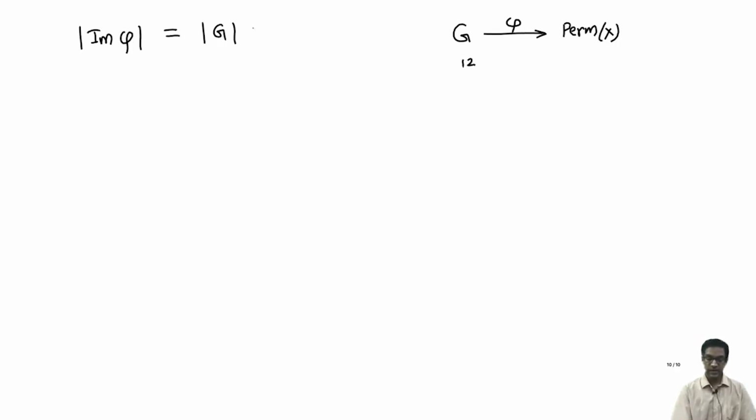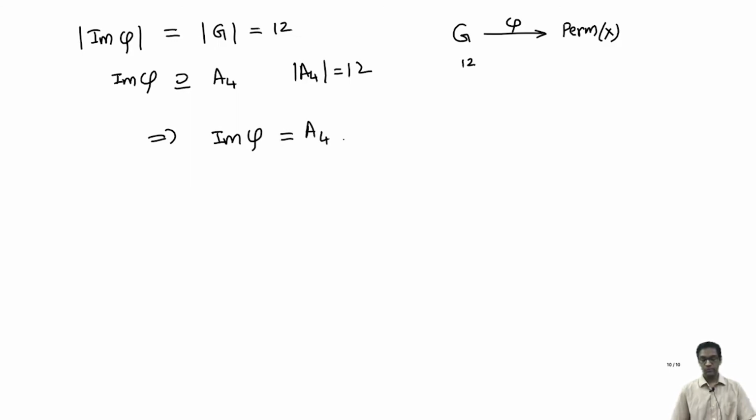On the other hand, the image contains the group A4, whose cardinality is also 12, which means that these are actually equal to each other. So the image of phi is in fact equal to A4.